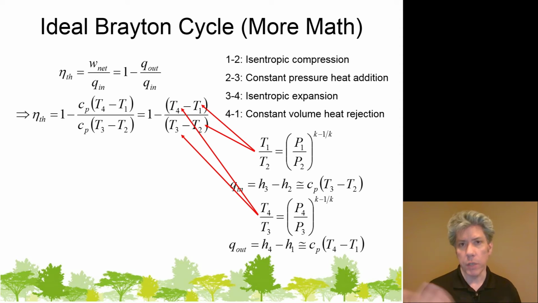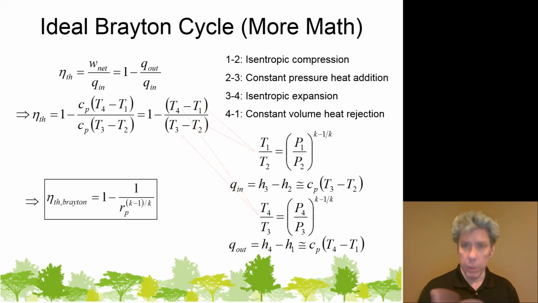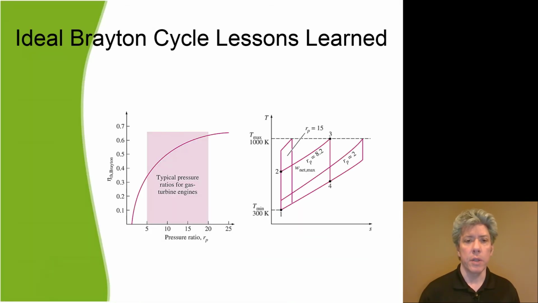Since the pressure ratio is something we typically know for the particular designed engine, this ratio, P1 over P2 and P4 over P3, is simply related to the pressure ratio, not the compression ratio, which is what we had in the Otto cycle. And so we end up with an efficiency that looks like the Otto cycle. The only difference is that we've got a slightly different exponent. And of course, instead of having a compression ratio, we have the pressure ratio in the denominator.